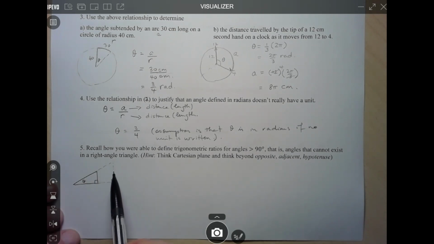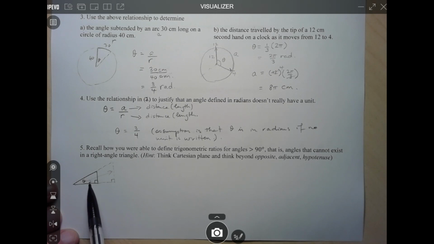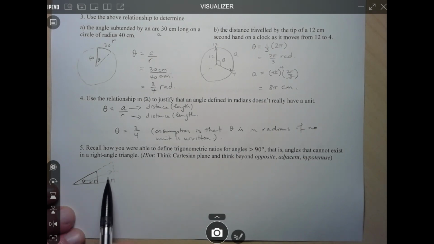So the ratio of the opposite side to your angle and the adjacent side to your angle didn't change whether I had this little small triangle or this larger triangle, which means that the ratio depends only on the angle. Once you know one of the angles is 90 degrees, and you know this angle, well, the third angle you know too, just because they have to add up to 180. So this ratio between, say, the opposite and adjacent sides depends only on this acute angle.